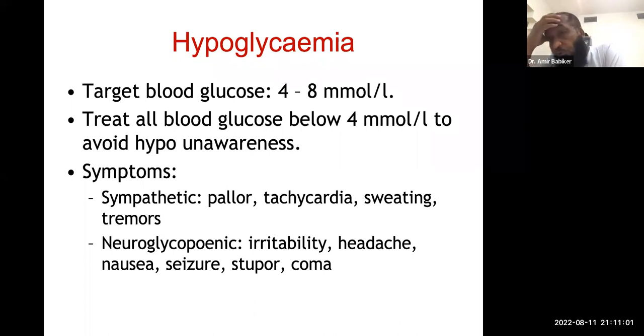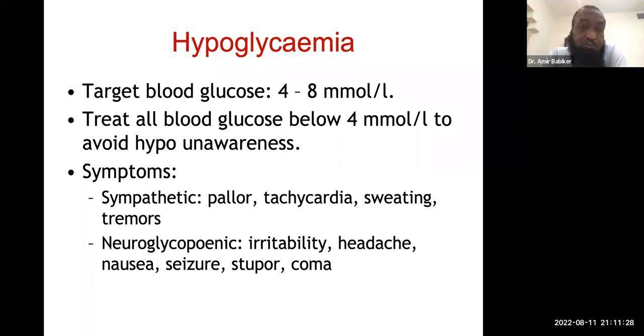But we use 4, why? Because this is a patient on insulin. So we want to train the body to feel the hypoglycemia when they are less than 4, before it comes to a risky or dangerous range with seizures. So if a patient feels jittery, pale and hungry at less than 4, 3.5, 3.8, he will not have a seizure until he reaches low levels less than 2.